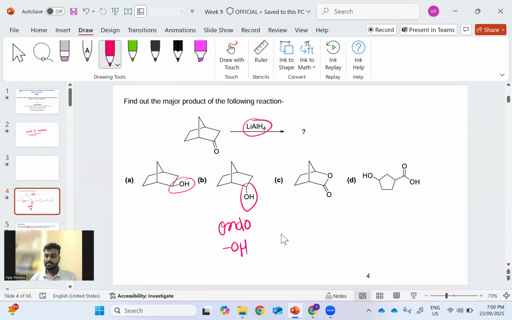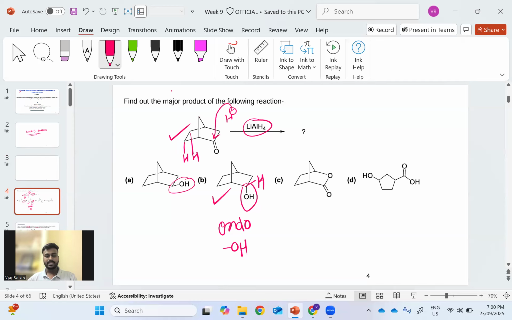The first question, I think we got this question last time also. Based on the reduction of such compounds, as we have seen, due to the steric crowding of these hydrogens, the hydride attack from the bottom side will be difficult, and therefore with LiAlH4 the hydride attacks on the top side, and we get the hydrogen attached here and the hydroxy group directing downward.